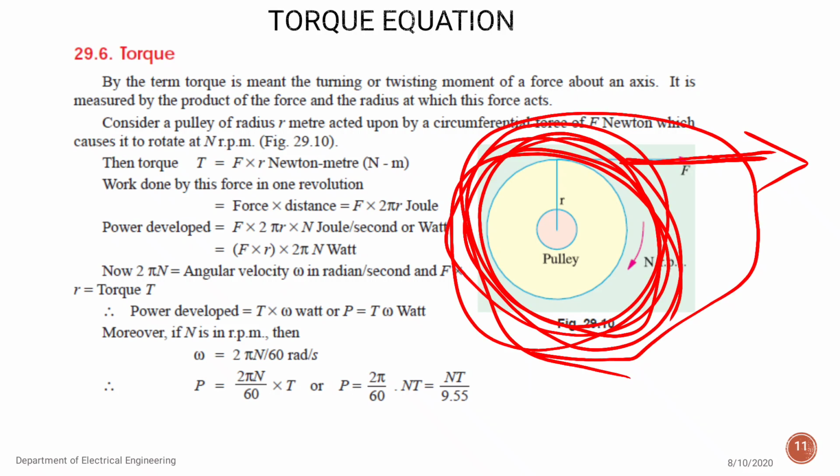As we know, torque is the product of the force and the radius at which that force is acting. So T is equal to F into R, and the unit is newton meter.